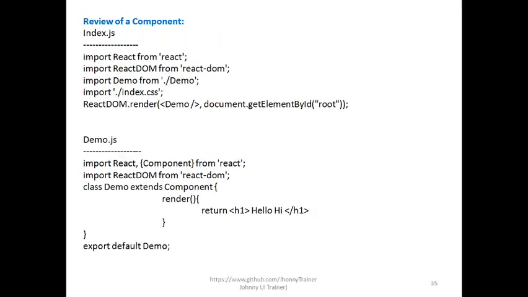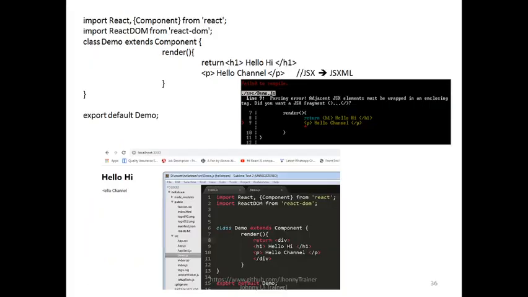Let us have a quick overview of what a component is now. In the previous session we used this demo, which is a class component. We are trying to render it, so we will get hello, hi. We have defined it in two different files here. If you try to use the same code differently, we will get something called JSX elements must be wrapped in an enclosing tag. So this is how we have done the class as well as the function component.